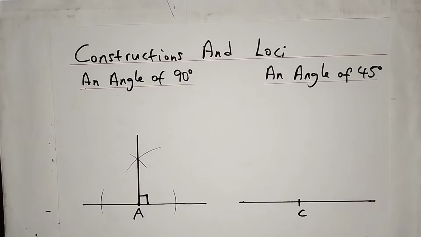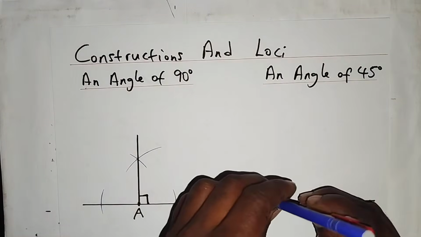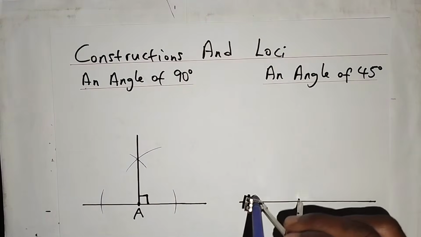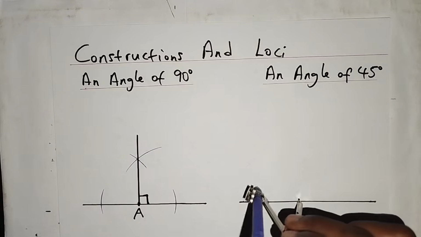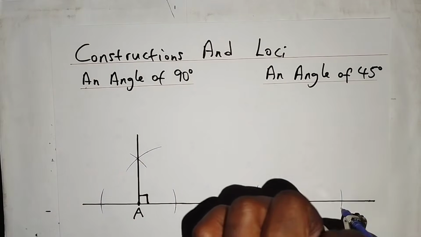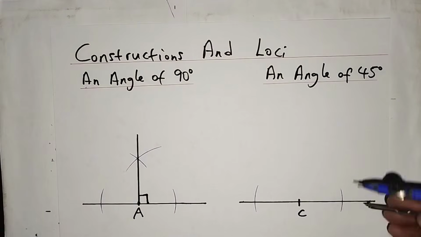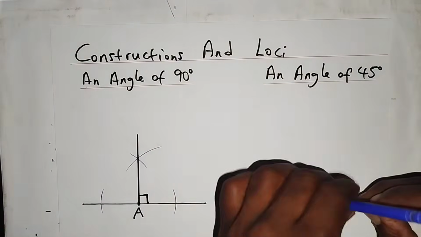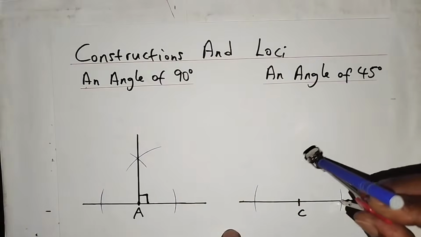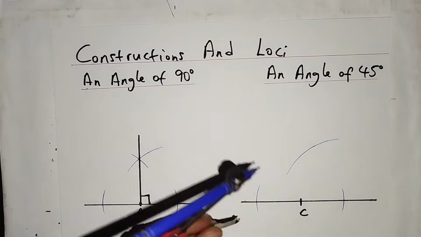So with C as my center, and a suitable radius, I'll first of all construct an angle of 90 degrees using the method which I showed you. Okay, now this is now the center. Now I can change the radius of my compass so that my arcs can meet.